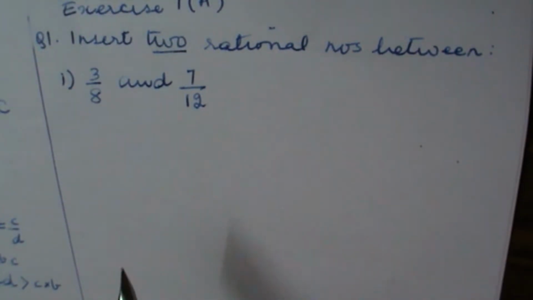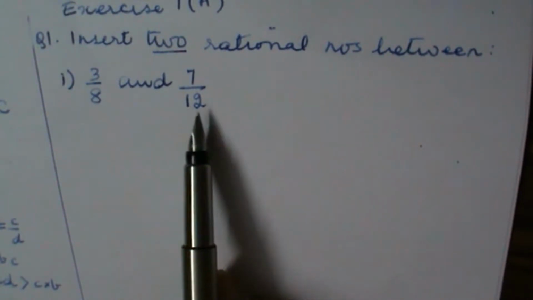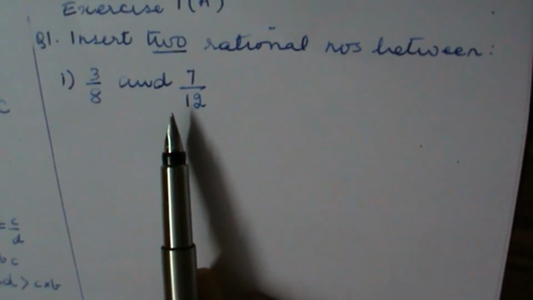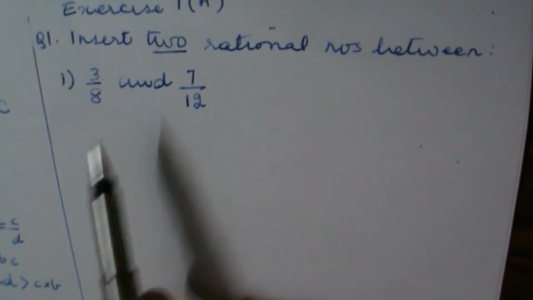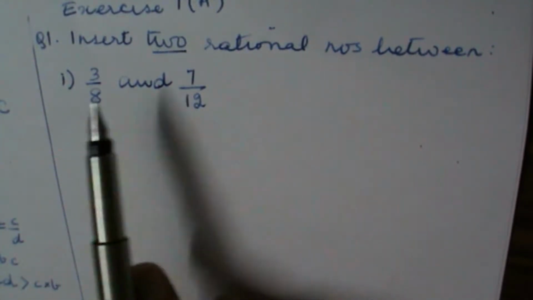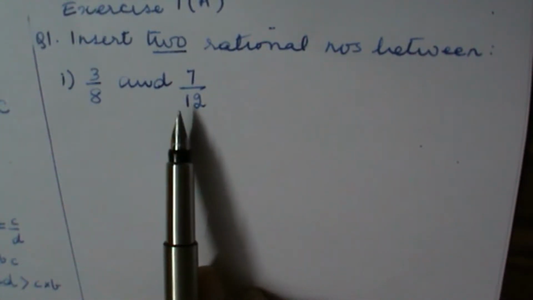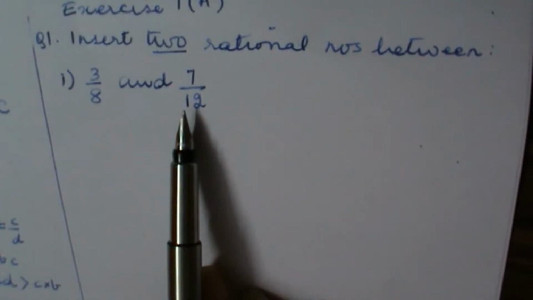And if these two are rational numbers, then this minus this or this minus this also will be a rational number. If I multiply these two, the product also will be a rational number.